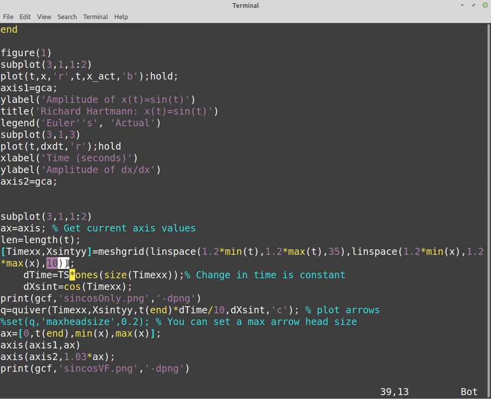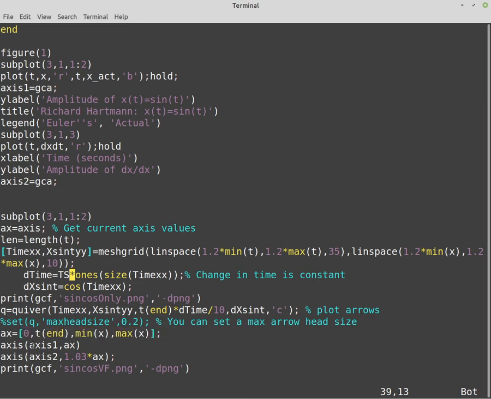Okay, so in this case, again, I started with 35 points in the T direction and 10 points in the horizontal direction, and then I used the axis command to force the plot back to exactly what it looked like before I ran the quiver. Because when you run the quiver command, it tends to resize your axes a little bit to make room for the arrowheads.